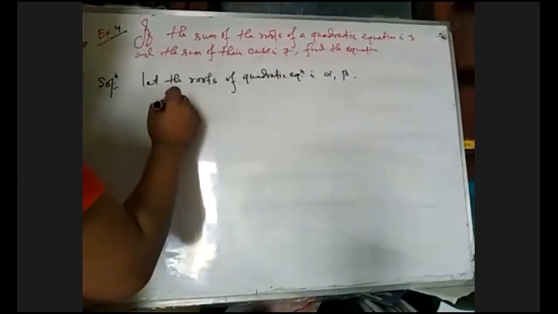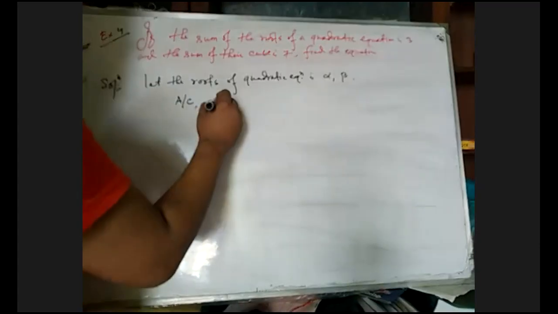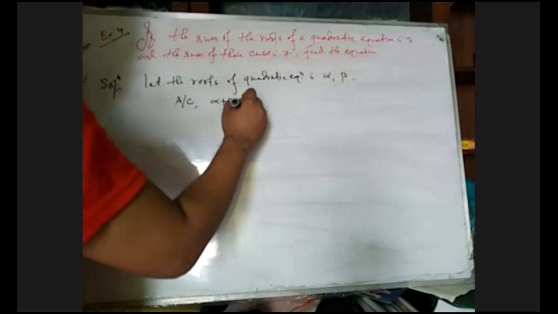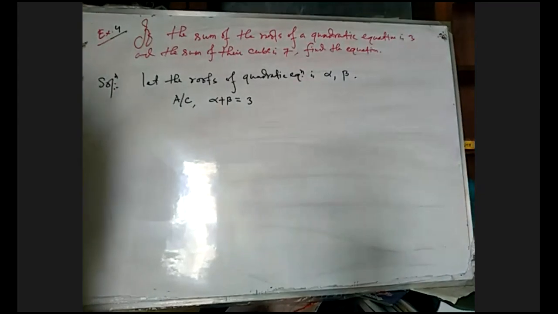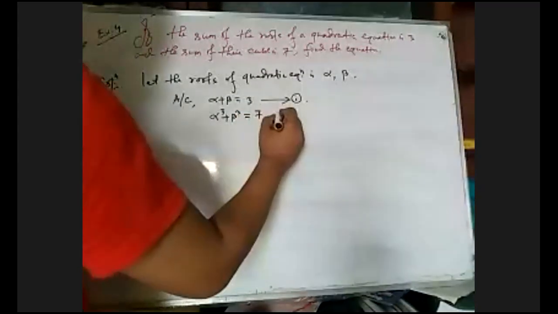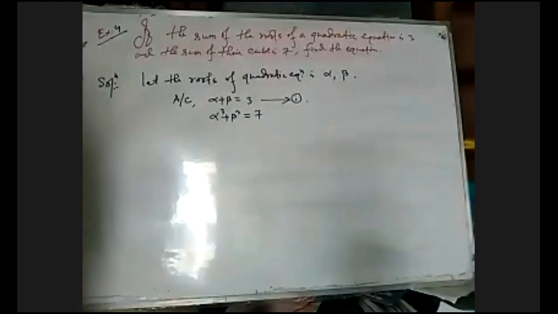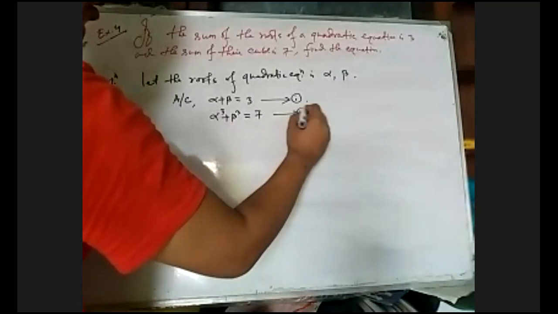Okay, so according to the given condition, sum of the roots is 3. This is equation number 1. And sum of their cubes, that means alpha cube plus beta cube is 7. Okay, this is another given condition. This is equation number 2.